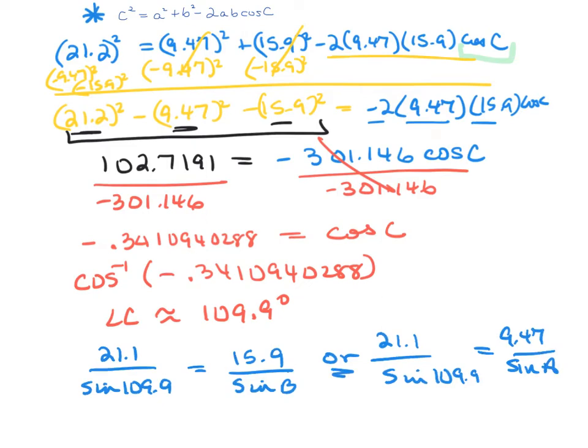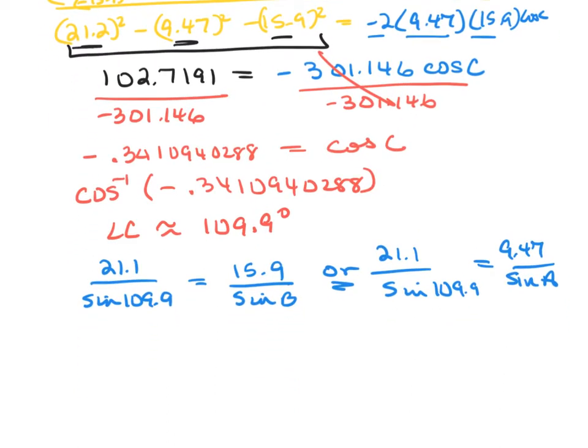You don't necessarily have to do two law of sine equations, because once we find one of the acute angles, we can use our triangle sum theorem. So let me go ahead and finish up solving for angle B.